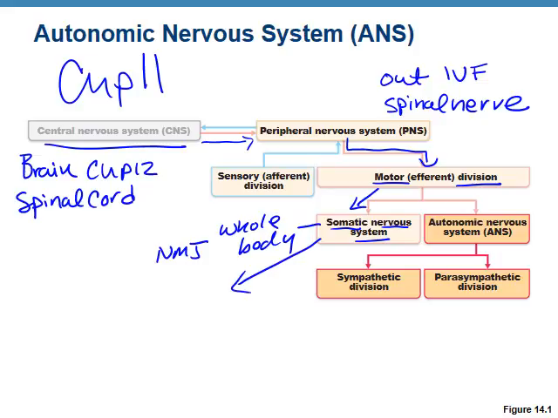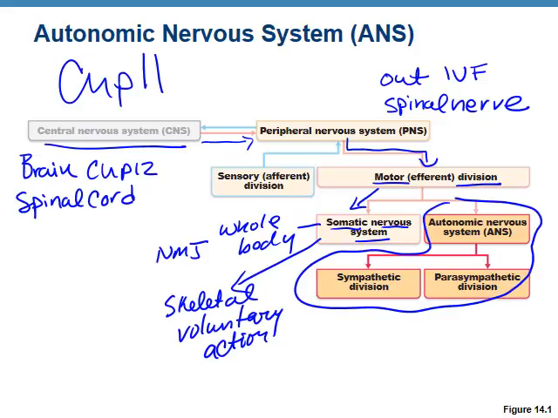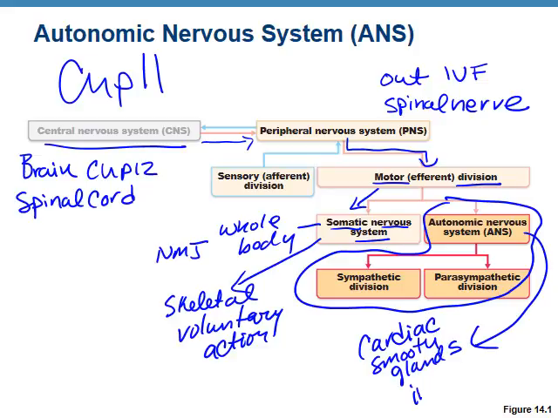So when I see somatic nervous system, I usually think skeletal and I think voluntary action. When I see autonomic nervous system over here, we just saw from the previous slide, this makes me think cardiac, smooth, glands, and this you should be thinking involuntary action.